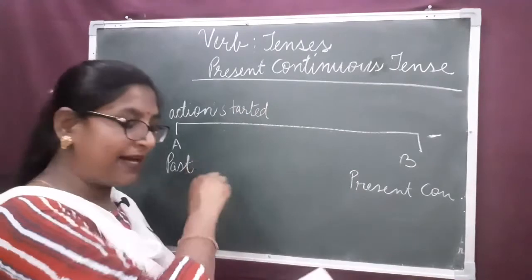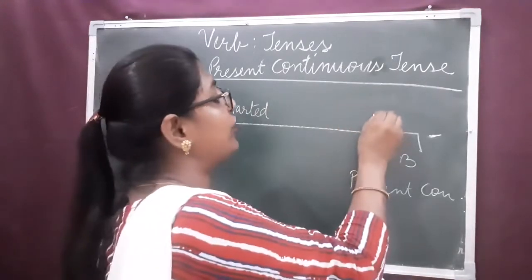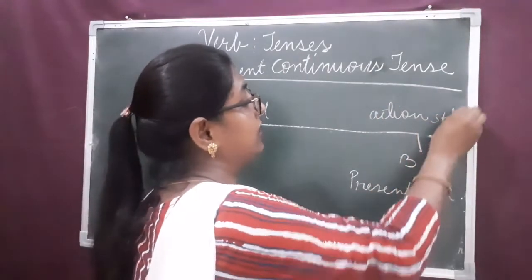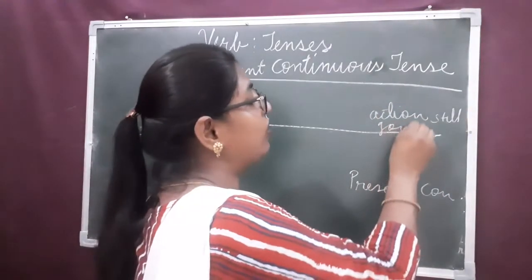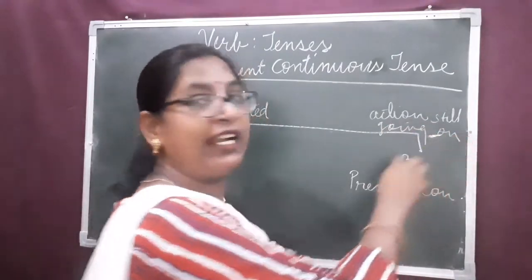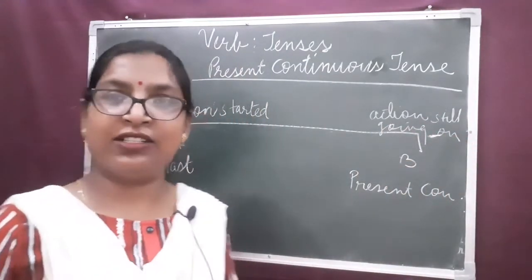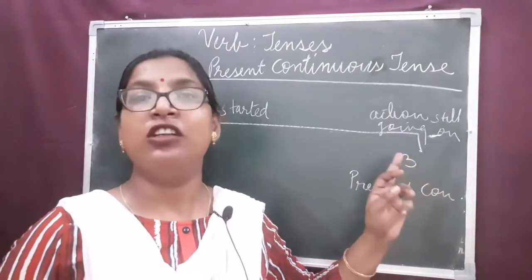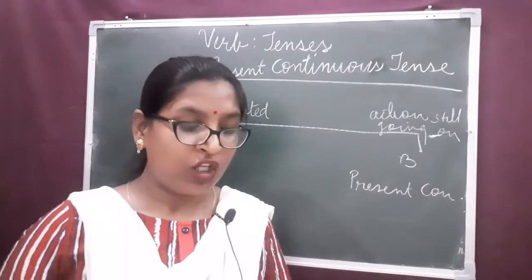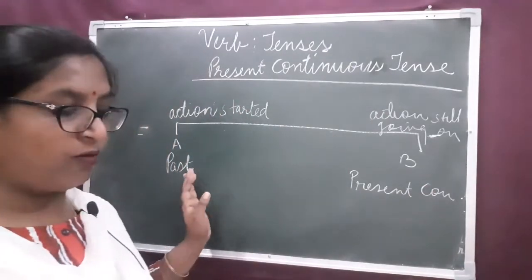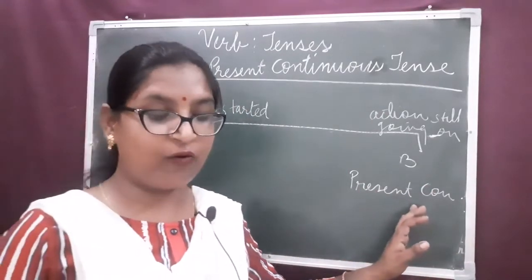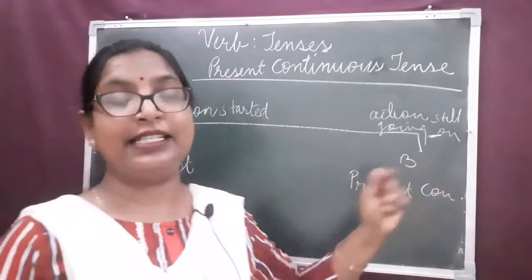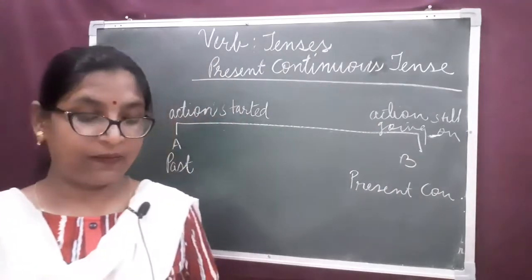Action still going on. Action is still going on at the time of speaking. Action started in the past and action is in continuation at the time of speaking. So, point A stands here for past and point B stands here for present. The action started in the past and is still continuing.